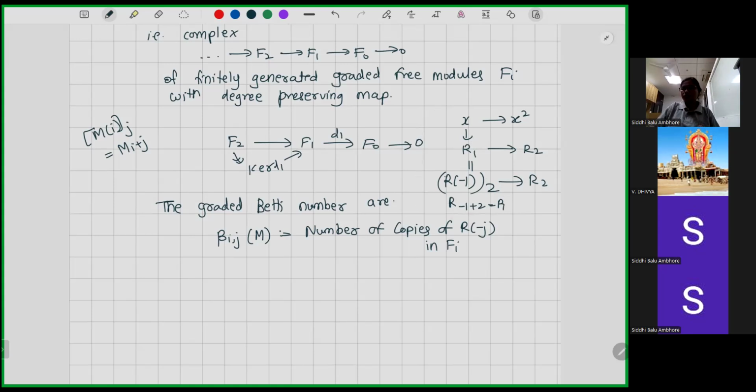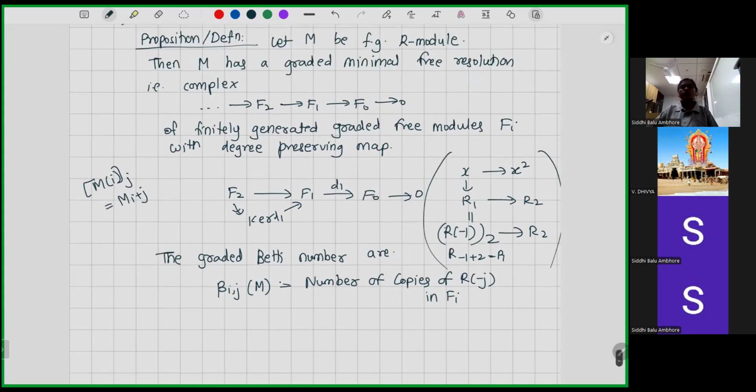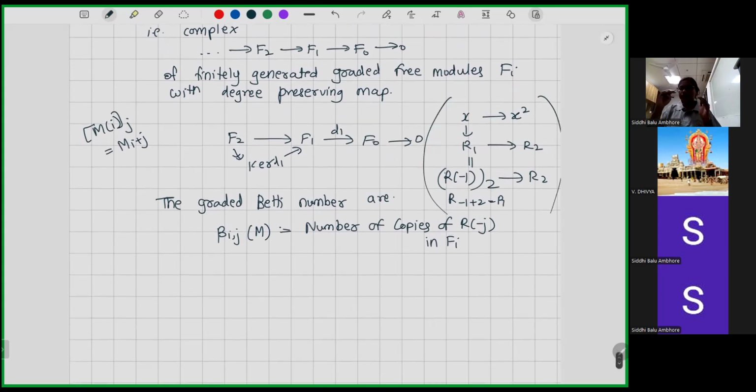So this shifting of degrees is what we do when we want to make this map Fi to Fi minus 1 a degree preserving map. And in that case, this is the number of copies of Rj. So for example, the map could be like y going to y cubed.